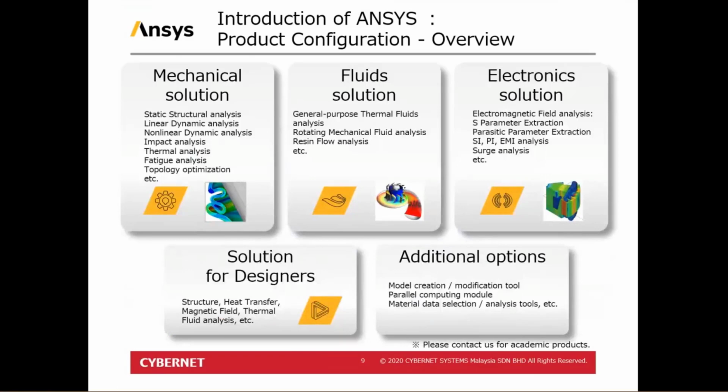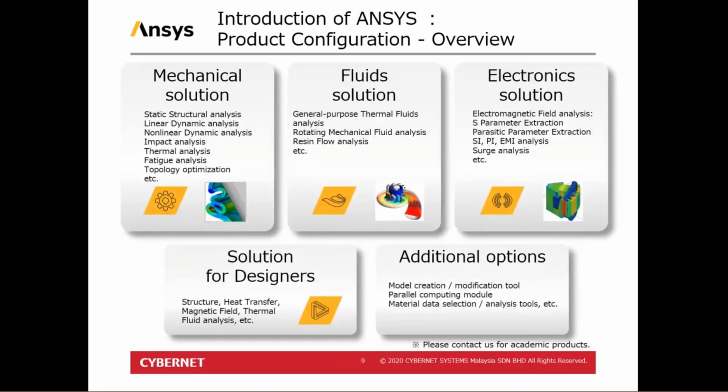Now, as I said before, ANSYS provide multiple physics simulation for every type of needs. For example, as you can see right here on the slide, they provide mechanical solutions, fluid solutions, electronic solutions, solution for designers, which is basically specialized for special designers.